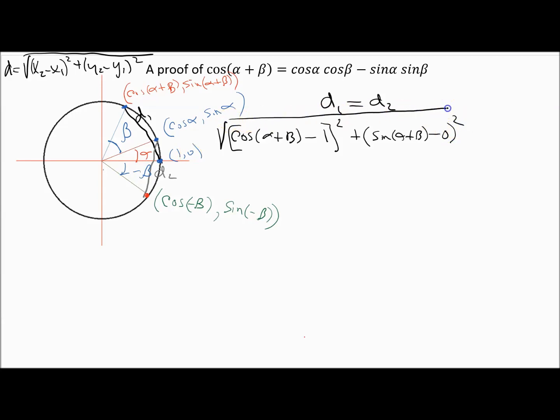That's all underneath the square root. Okay. Now we could go ahead and simplify that. Notice I haven't found D2 yet. I'm just going to simplify this expression the best I can.